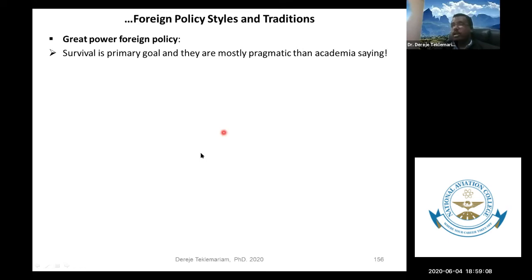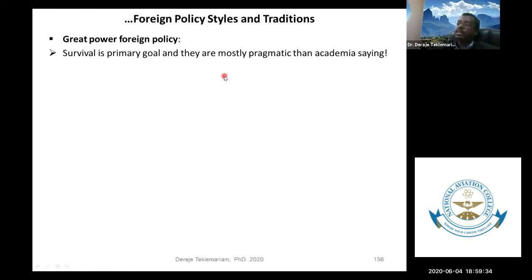Great power foreign policy, why do we discuss this? Directly or indirectly, we cannot be out of the influence of these powers or these issues. So when it comes to great power foreign policy, their key agenda is survival. Survival is the primary goal, and they are mostly pragmatic rather than following academic sayings.